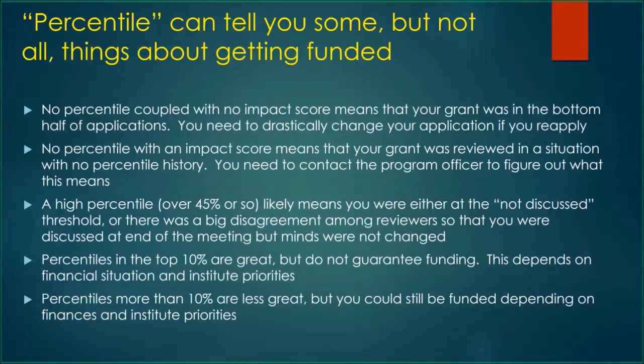This could depend on whether there's finances. It could be if your application is in an area that's a really big push by that institute and you're one of the few applications in that area, they will fund you over applications with better scores. Also, as a new investigator, you have another funding priority because NIH is very, very committed to making sure new investigators can get first-time funding.